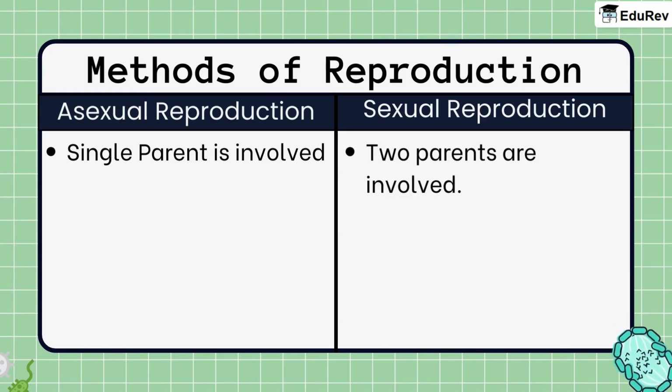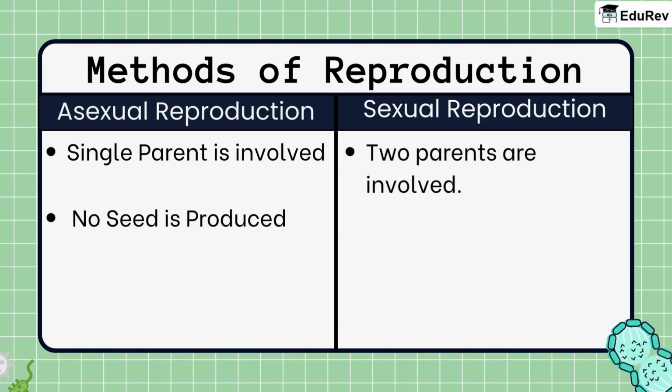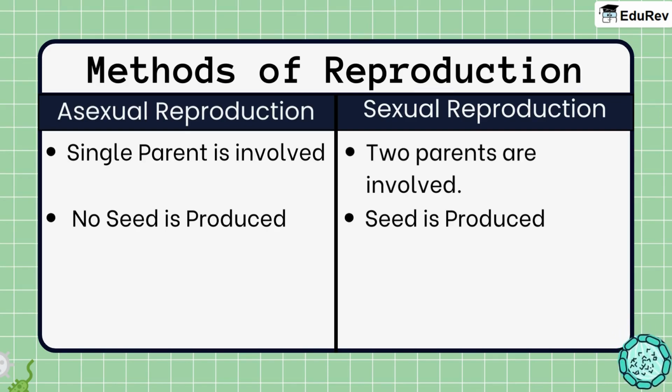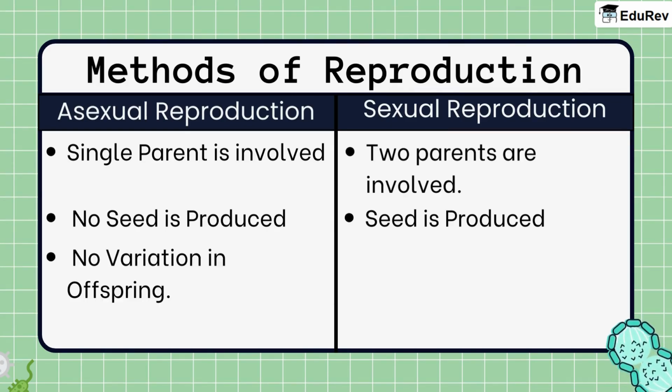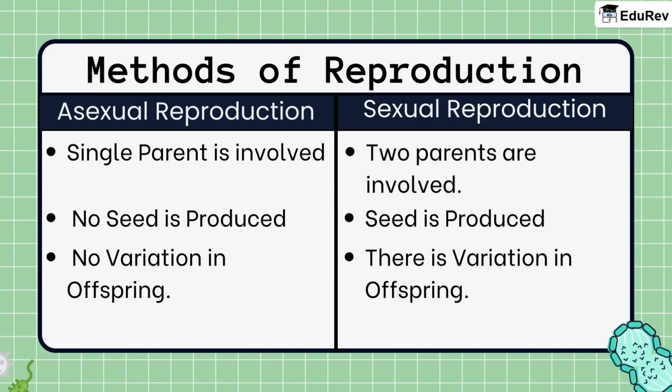In asexual reproduction, no seed is produced, but in sexual reproduction, seeds are produced. In asexual reproduction, there is no variation in the offspring, whereas in sexual reproduction, there are variations in the offspring.